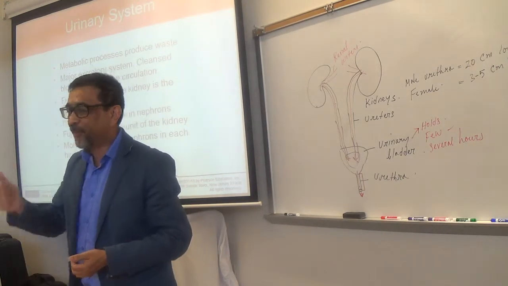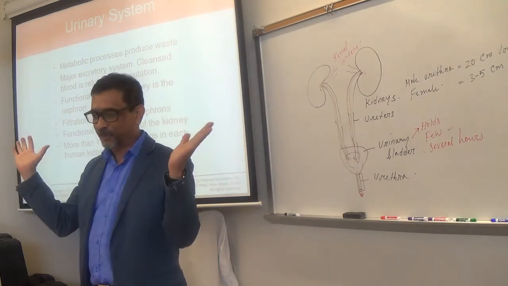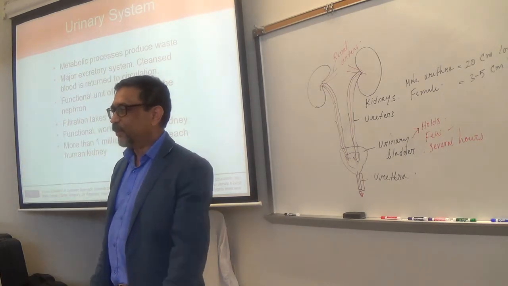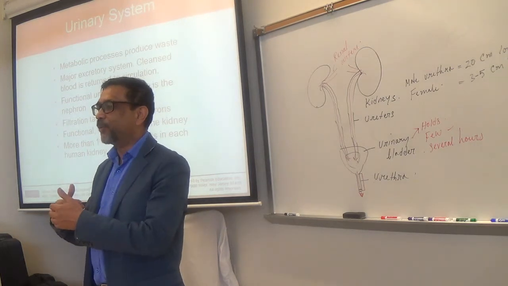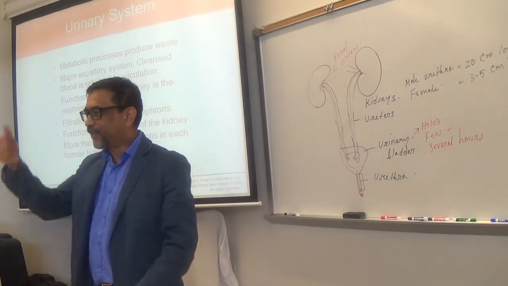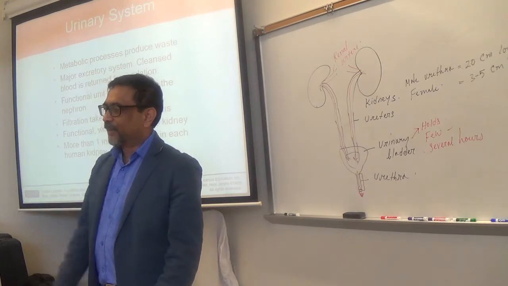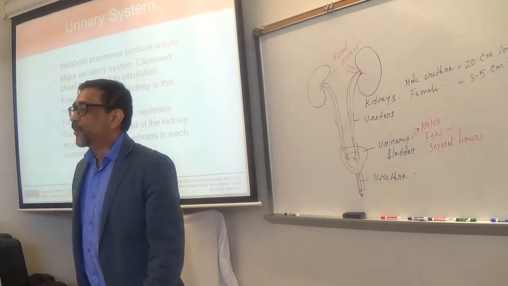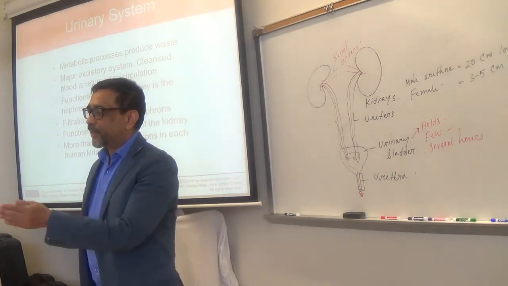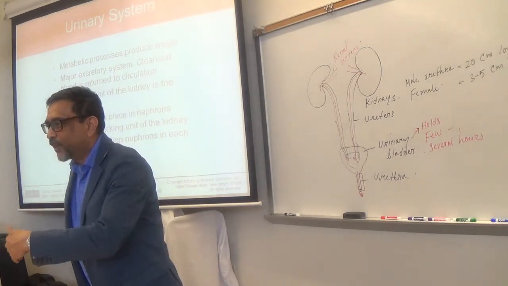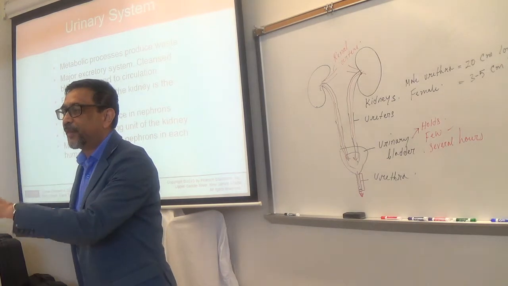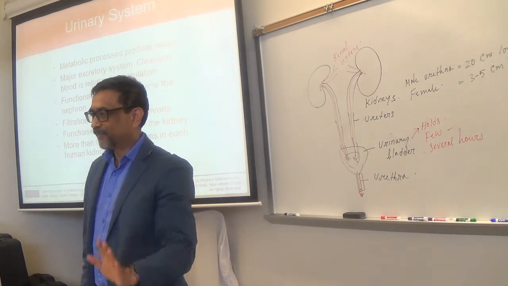That will increase the blood pressure. More blood means more blood pressure. So when the volume increases, the pressure on the arterial wall will be more. So blood pressure will go up. So the urinary system also regulates the blood volume, right? And by regulating the blood volume, it regulates the blood pressure. Is it clear?